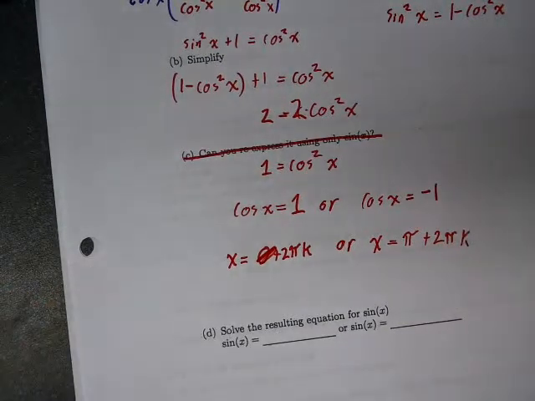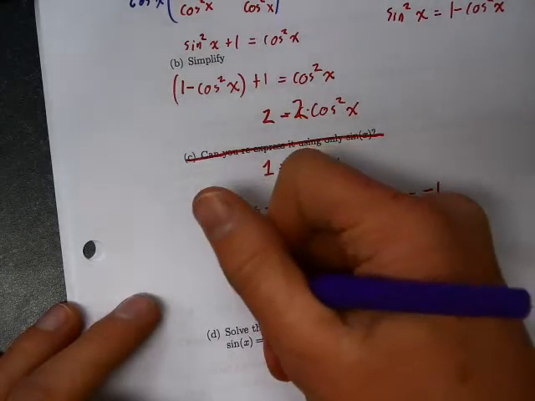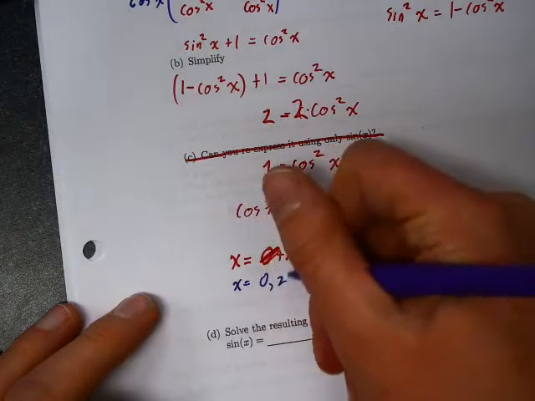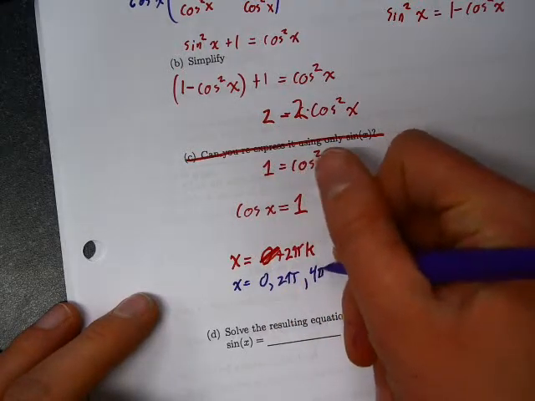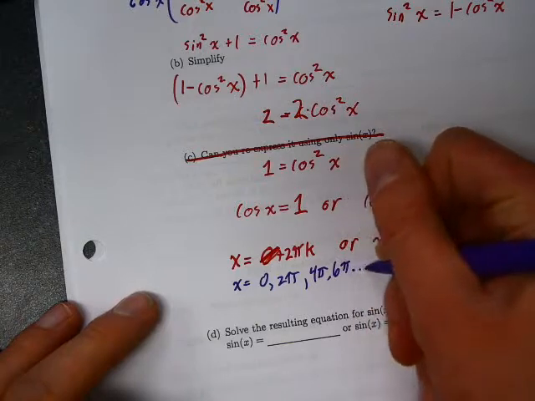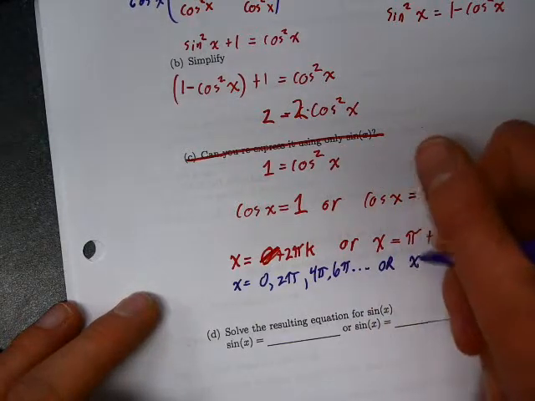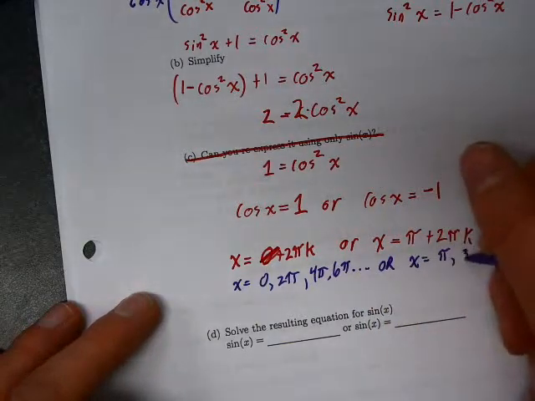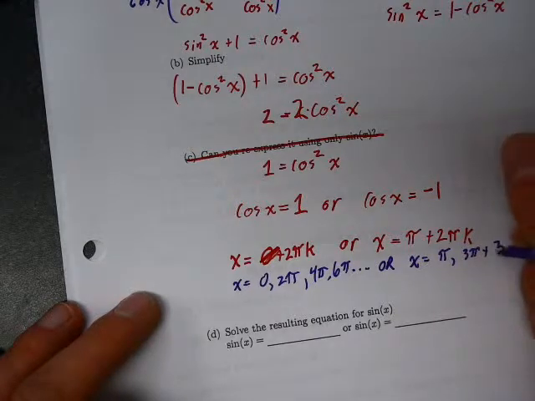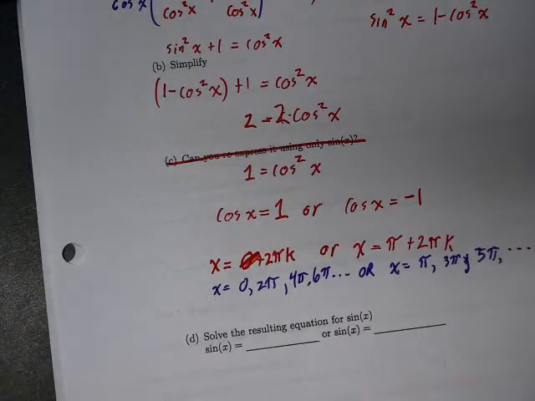Cool. So I see the solutions to this are in the form an even multiple of pi or an odd multiple of pi. So I'm just going to list them because we could rewrite that as something simpler. So x might be 0 or 2 pi or 4 pi or 6 pi and so on, or x might be pi, or 3 pi, or 5 pi, and so on.